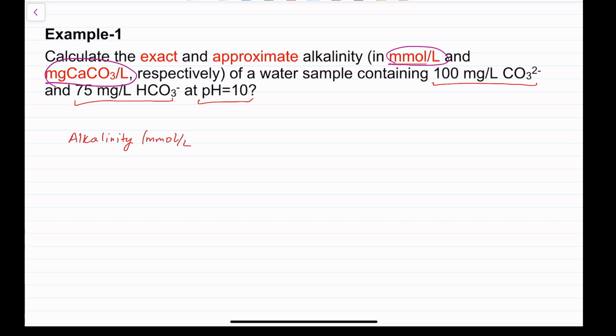So for this, this is the formula where all these species are in the units of millimoles per liter.